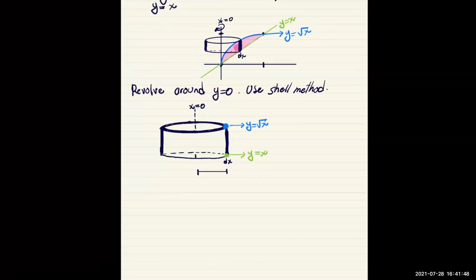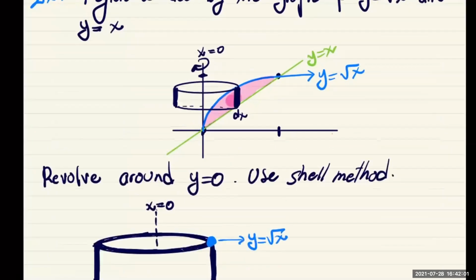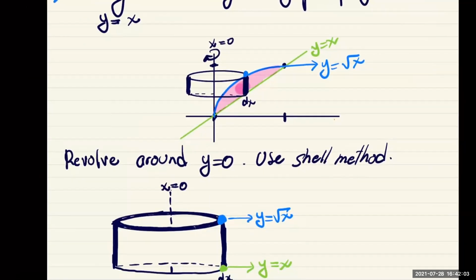And I drew that in orange, I guess. Yeah, x. Or x minus 0. So why is that? Because again, if you look at that strip, that point is x, f of x.